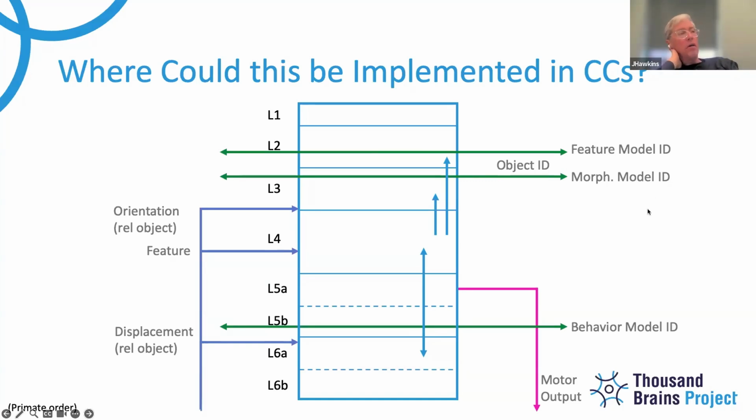Well, another possibility. Are you ready for another possibility, or do you want to finish this slide? Yeah, go ahead. A few weeks ago, or a month or so ago, I made the argument about what an object is. If all the features can change and the orientation of the features can change and everything can change, what's the commonality between them? And the commonality, I argued, was the location space.